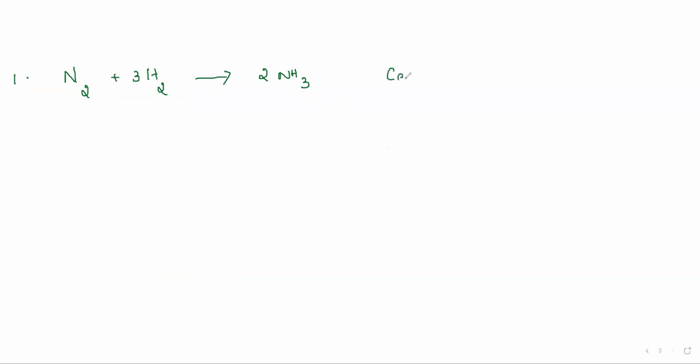Question is to calculate the volume of ammonia if the volume of hydrogen taken is 6 liters. Very simple question. Nitrogen combines with hydrogen to form ammonia. Calculate the volume of ammonia if the volume of hydrogen is 6 liters.